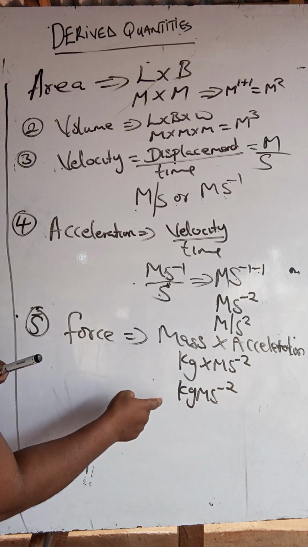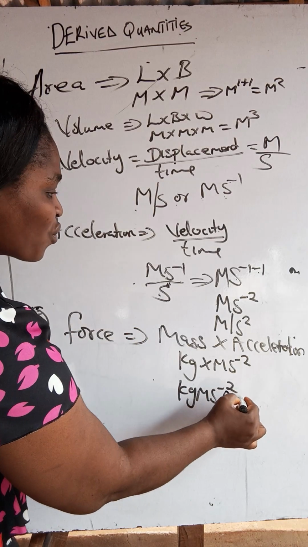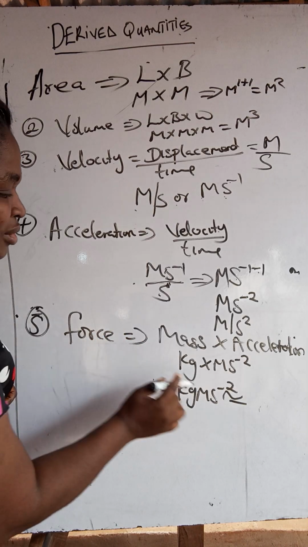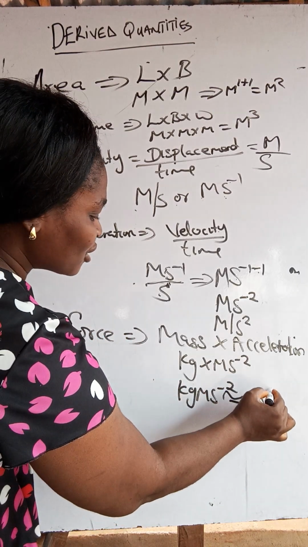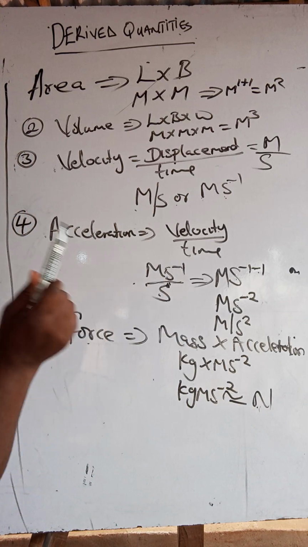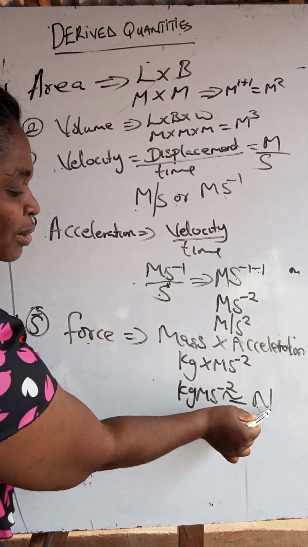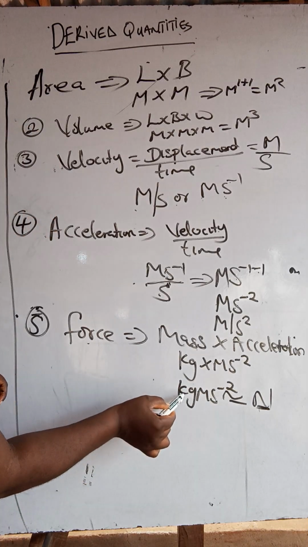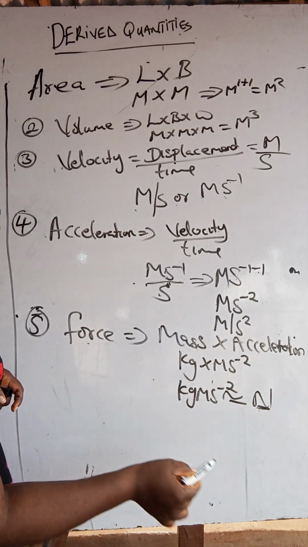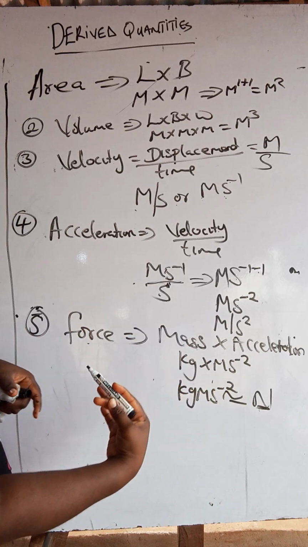Remember, I said basic SI unit. But when they say what is the SI unit of force, we can name it after the scientist who first discovered force, which is Isaac Newton. So the SI unit of force is Newton. But please, my students, anytime WAEC says state the basic SI unit of force, please don't write Newton, write kilogram meter per second square. Once the basic is included, we need only the fundamental quantities to be combined there.